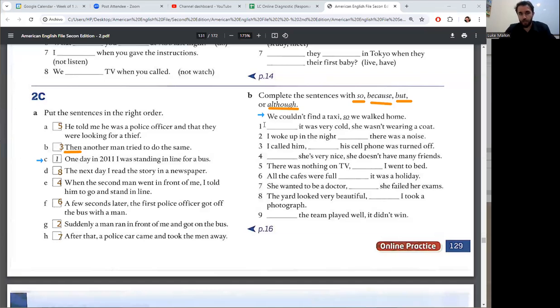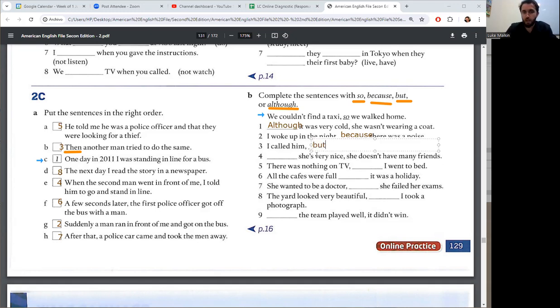Okay, let's check. Number 1, although it was very cold, she wasn't wearing a coat. There is a contrast. Number 2, I woke up in the night because there was a noise. What's the reason you woke up? It's because there was a noise.